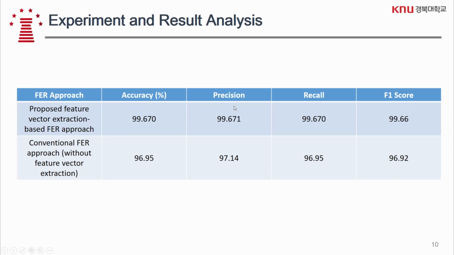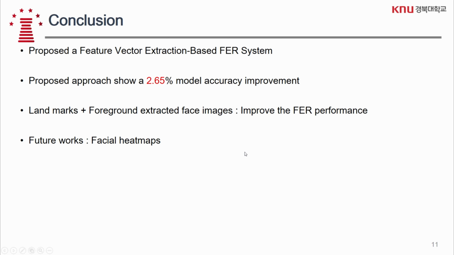And also in the case of precision, recall and F1 score, the proposed approach shows better results than the conventional approach. In the conclusion, in this paper we proposed a feature vector extraction based FER system, and the proposed approach shows a 2.65% model accuracy improvement.